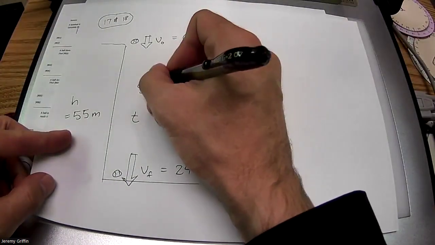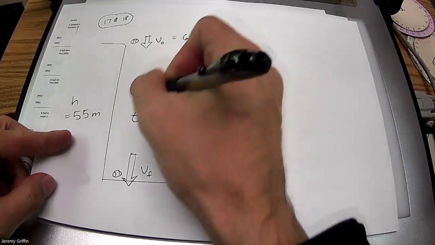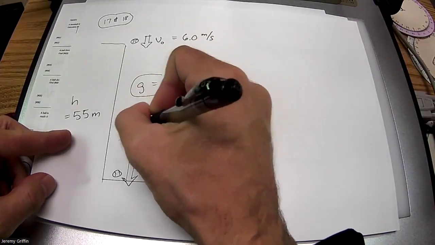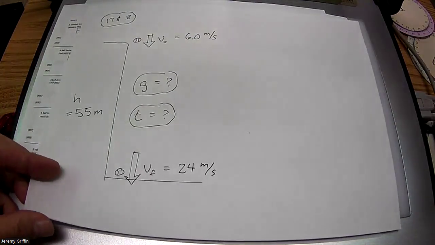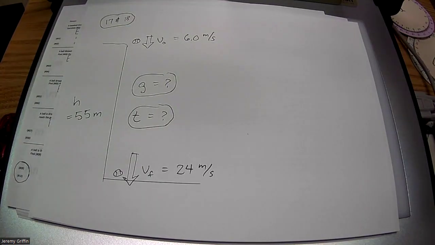So what's the gravity field of the planet, and how much time did it take to go from the top to the bottom of the cliff? You guys get the premise? Now, before I go plugging and chugging, remember, this was a physics class. Can you guys get an idea of a reasonable number before you start plugging numbers in?